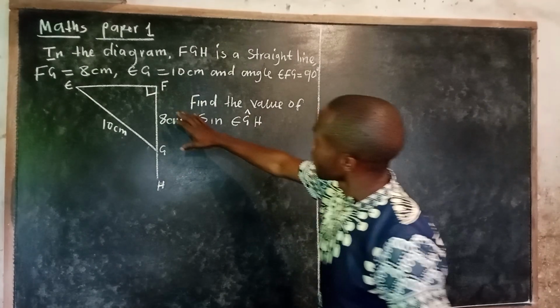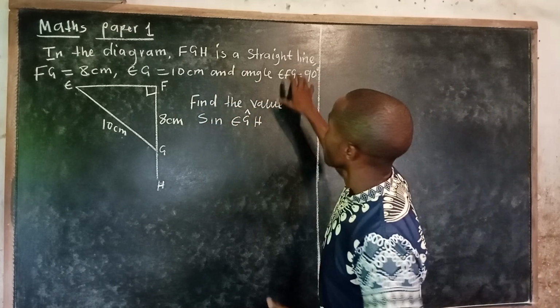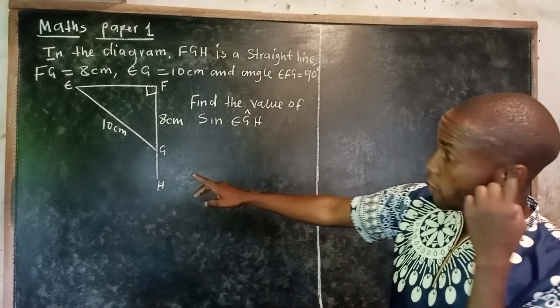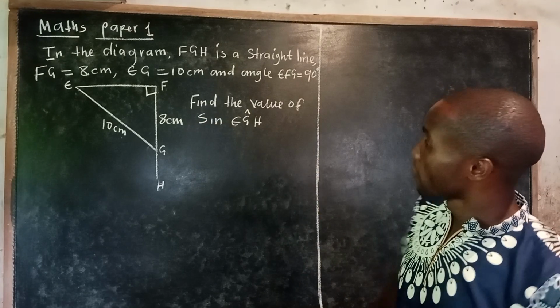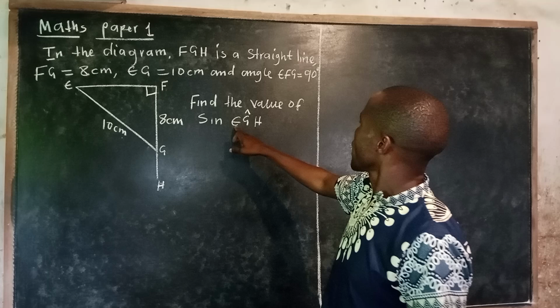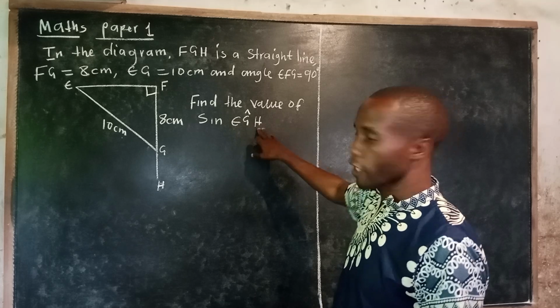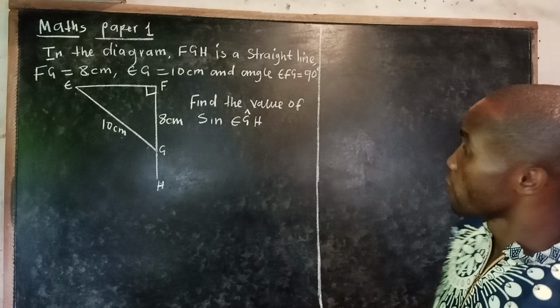Now, remember this is a right-angled triangle. In the diagram, we have this one as I read already. So this is the right-angled triangle. For us to find sine EGH, we need to consider the trigonometric ratios. Why?